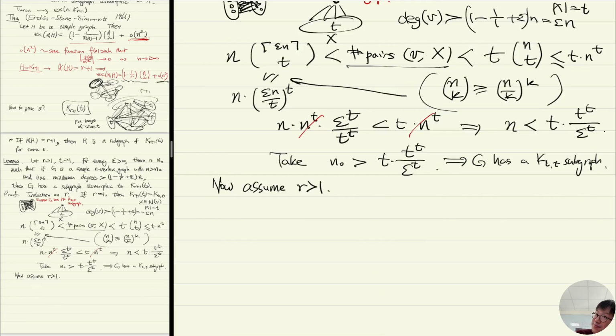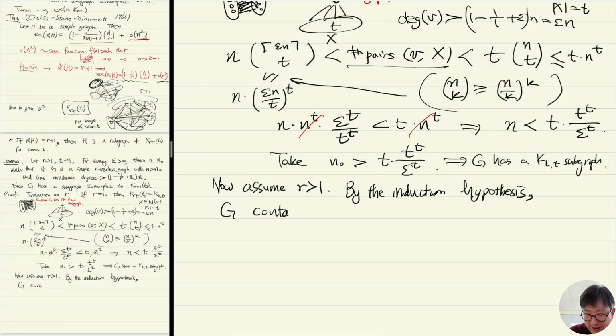Now what's going to happen? Now we apply induction. So by the induction hypothesis, this is induction on R, so we're going to get the K_{R,S}.